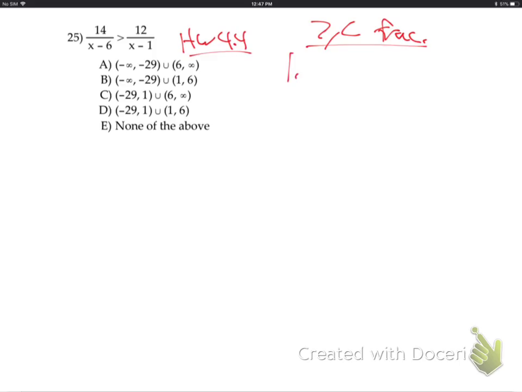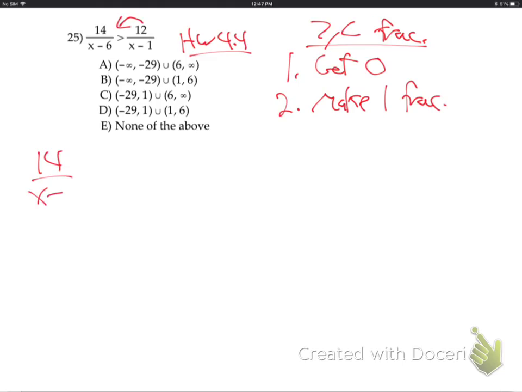So step 1, get a 0. Step 2, make it 1 fraction. So I'm going to bump this over. 14 over x minus 6 minus 12 over x minus 1 greater than 0. Step 1, get a 0. Step 2, you got to combine those and make them 1 fraction. How do you make those 1 fraction?